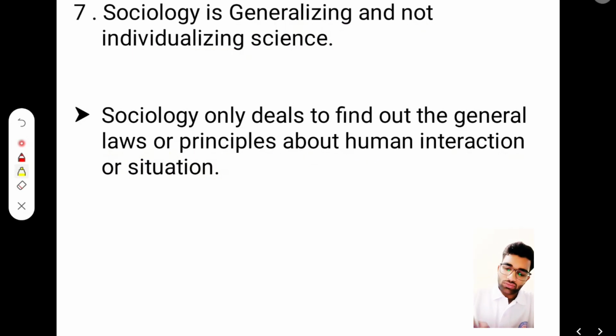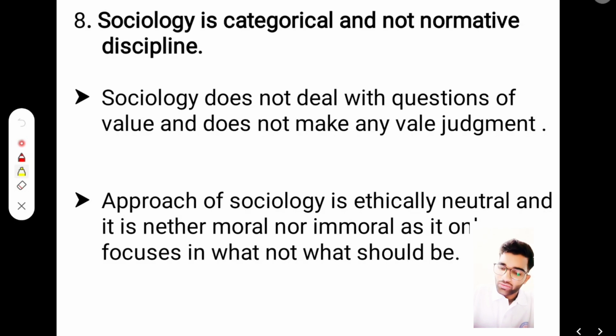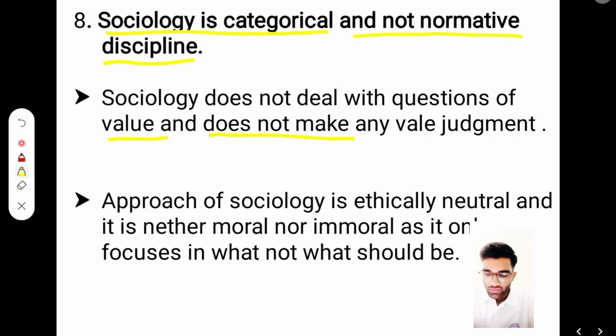Next, sociology is a categorical and not a normative discipline. Sociology does not deal with questions of value and does not make any value judgment. The approach of sociology is ethically neutral, neither moral nor immoral, as its only focus is on what is, not what should be.